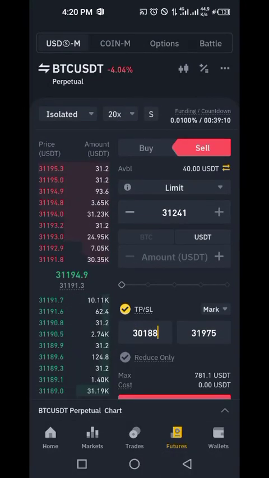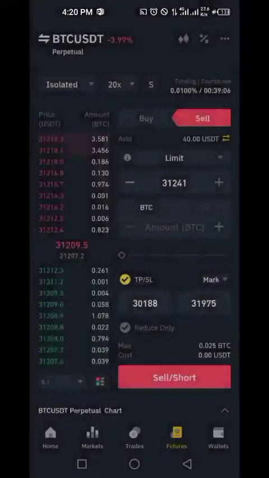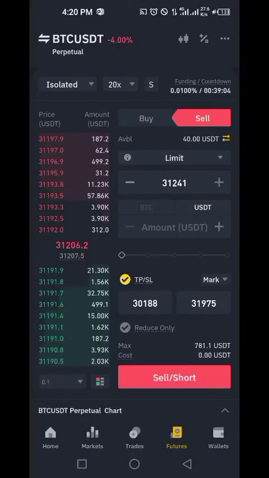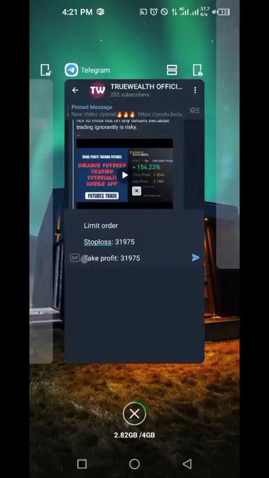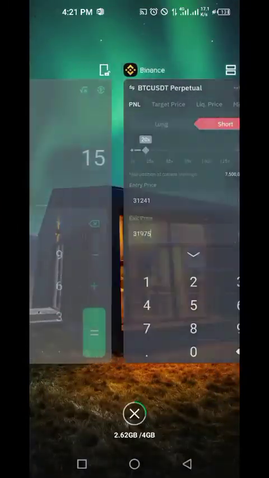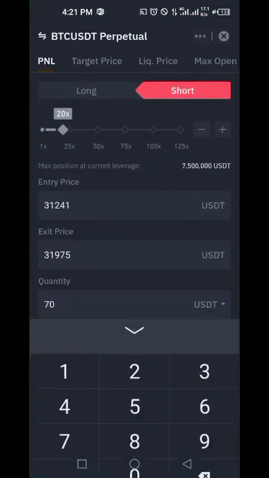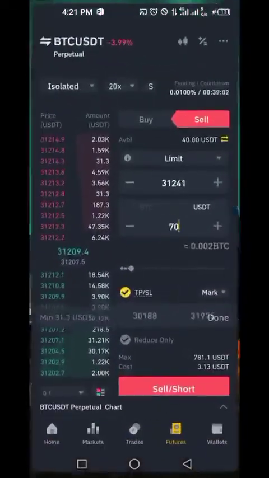Then now, here is where you input the position size. There is BTC here, there's USDT. So you select USDT and just type the 70. The 70 we have here is the same 70 you will type here.